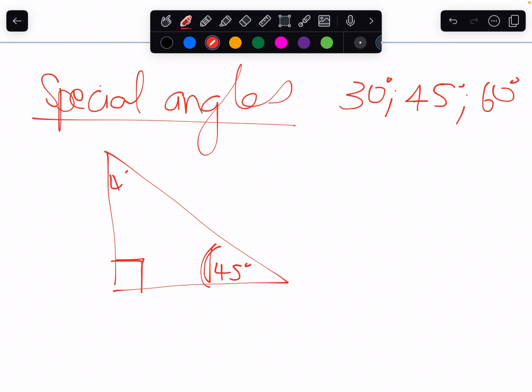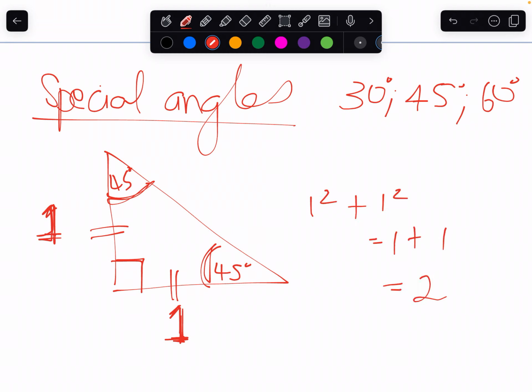Using angle sum, we know that the other angle is also 45, and therefore this is an isosceles triangle. If we say this side is 1 unit long, then this side is also 1 unit long. And using Pythagoras, 1 squared plus 1 squared is 1 plus 1, which is equal to 2. So this side is going to be the square root of 2.